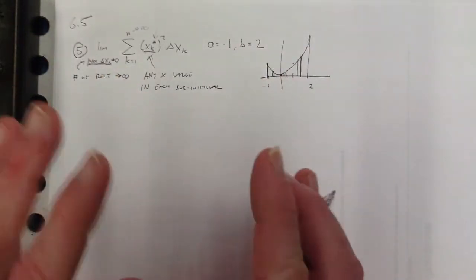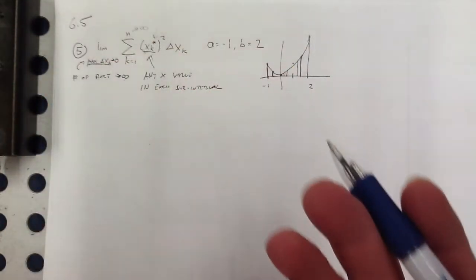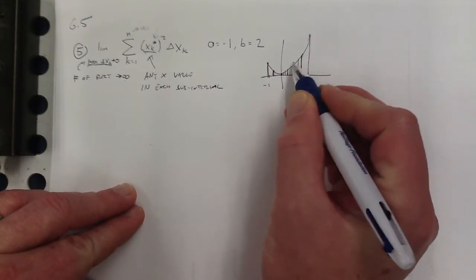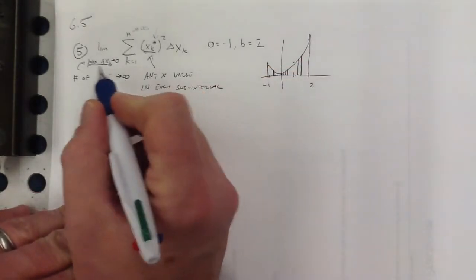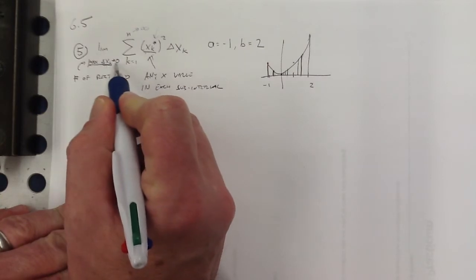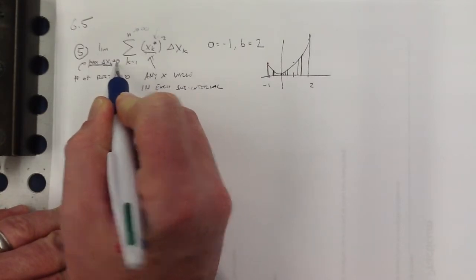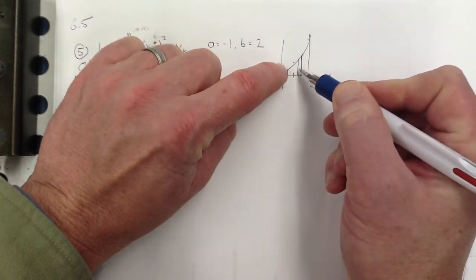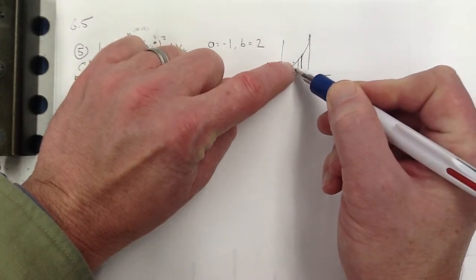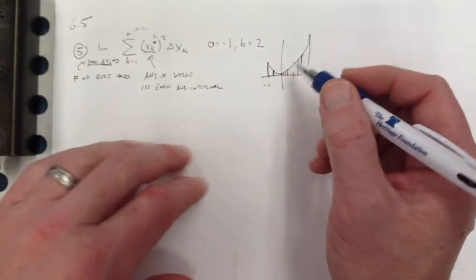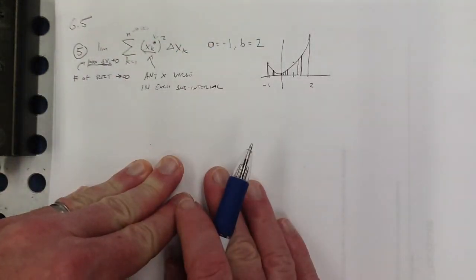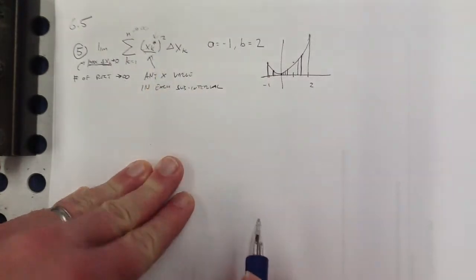It could be any point in there, and this will still work. Why does it still work? Because as the width of the rectangles goes to 0, that's going to get squeezed, and any point inside the interval is going to end up getting squished down, so it doesn't matter. We're going to get the same area no matter what. That's the point of that.